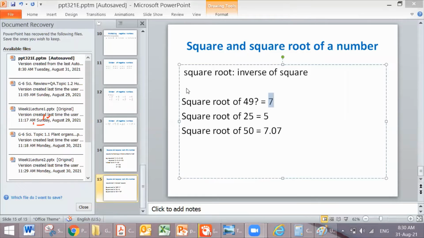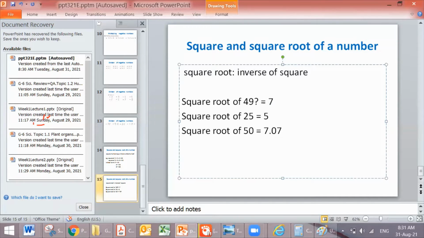Okay, so the square root is described in the form of a notation. I have to draw it like this. I will write 50 here, and then I will put this sign. You already know about it, but I'm just giving you a review.